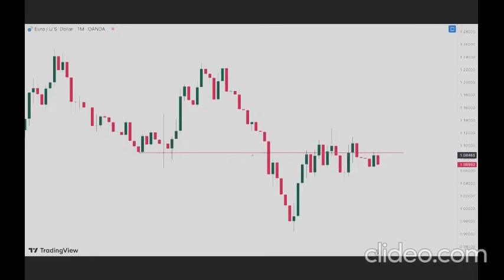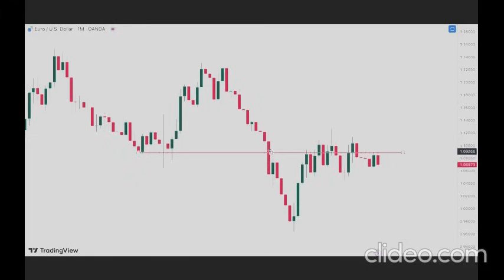So to break any strong support to resistance, the market should apply a very big strong candlestick or very big push like this.